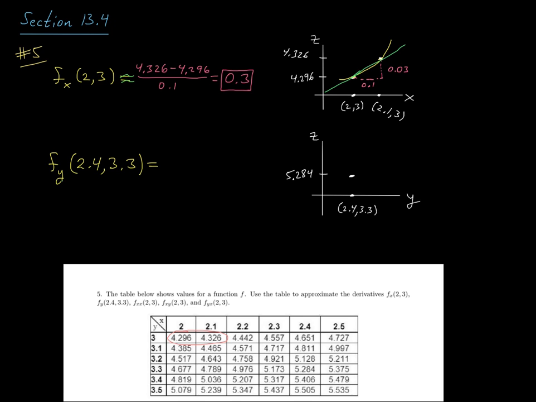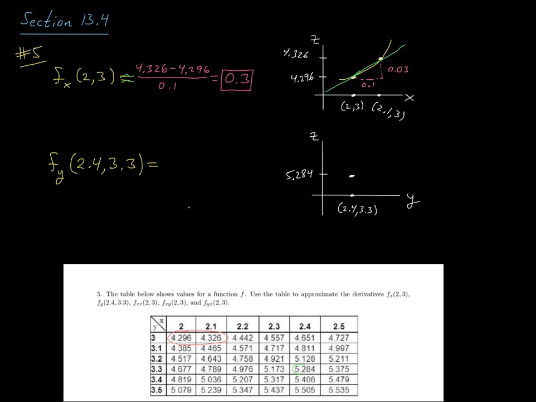Now fy at (2.4, 3.3), really the same idea. Where do we look in our table? Well, x is 2.4 and y is 3.3, so right here would be our z height at that point. And up here on the cross-sectional view, I've put that in: at (2.4, 3.3) our z height is 5.284.